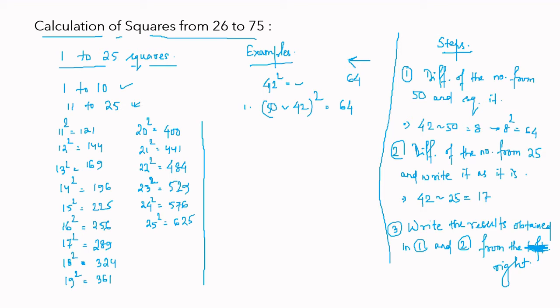So we write 64. The next step is difference of the number from 25 and mention it as it is. So the difference from 25 of 42 is 17, and we will mention it as it is. We started from right, remember? That's the third step. So the result obtained is 1764, and that's 42 square.